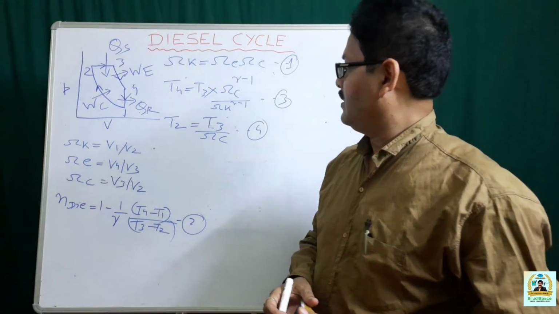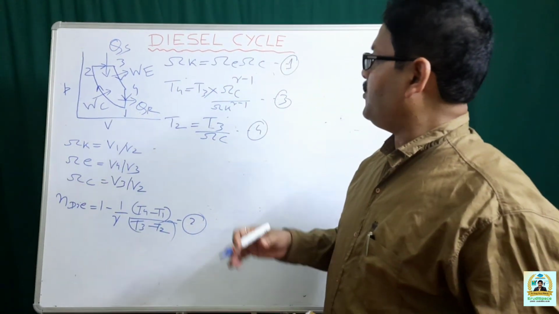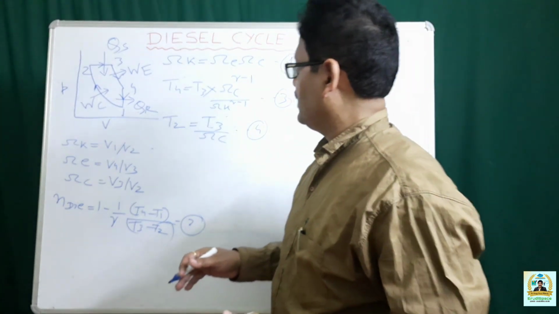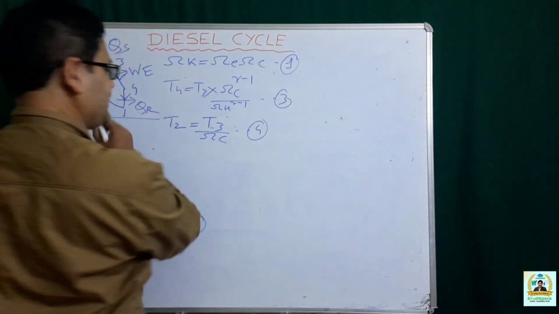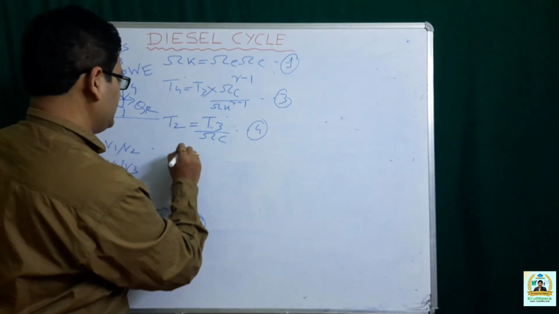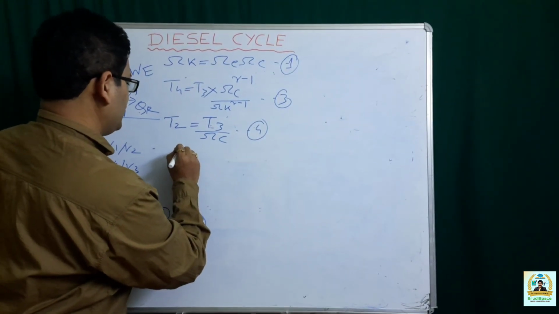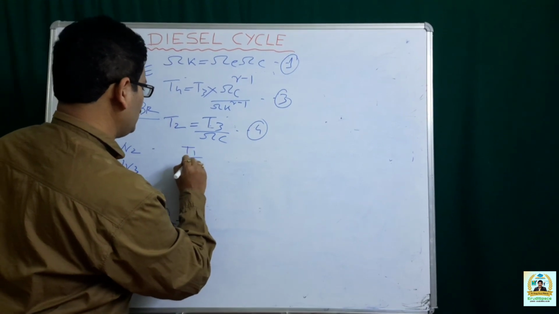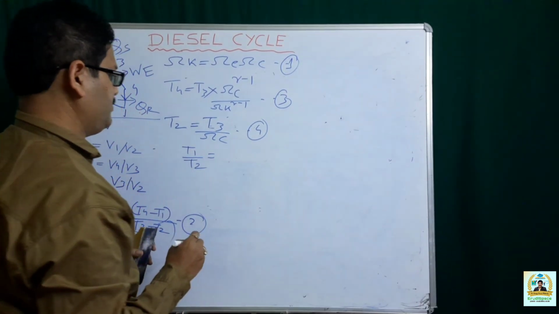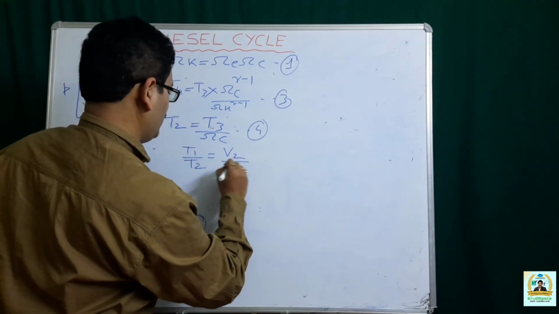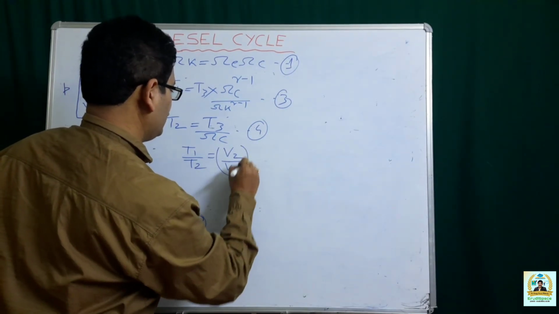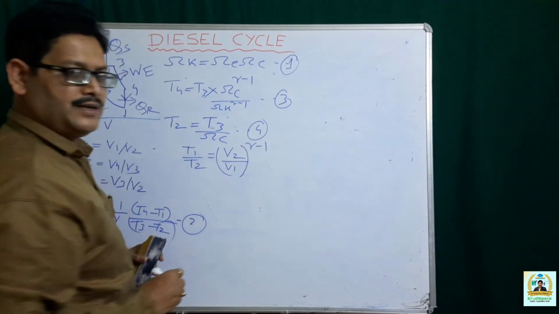Now, if you consider process 1-2, again it is an isentropic process. So, T1 by T2 is equal to V2 by V1 to the power gamma minus 1.